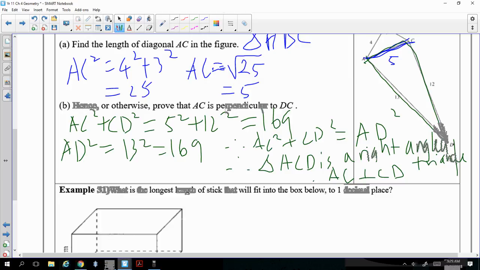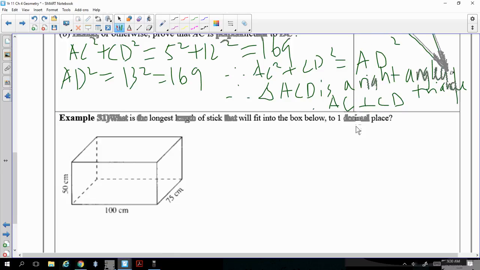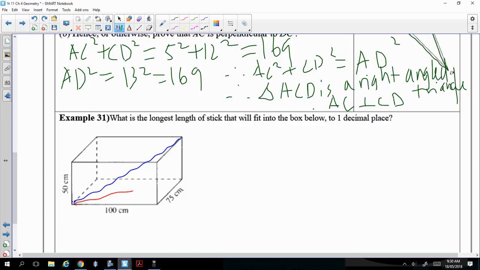So the longest stick will be the stick that joins from this end to the other end. To find this length, you first find this length, which is the red line. So to find the red line, let's call that x. X squared equals, it's a right angle triangle because it's a rectangle.